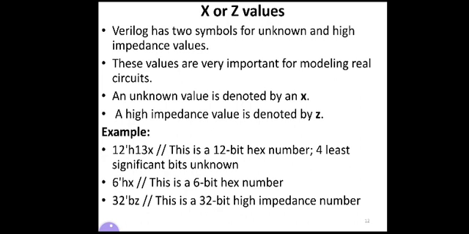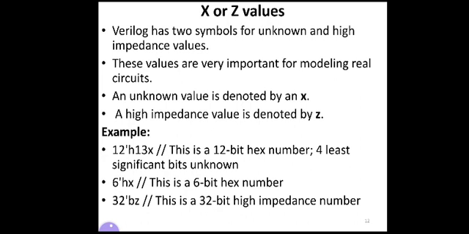For example, 12'h3X. 12 is the size of the number, h is the hexadecimal format, then 3X. So it is a 12-bit hexadecimal number. Out of that, the last 4 bits are unknown because X is an unknown value.